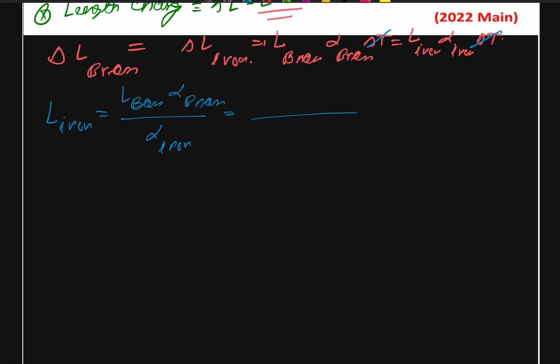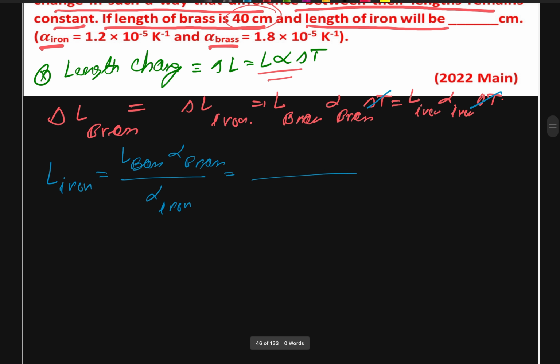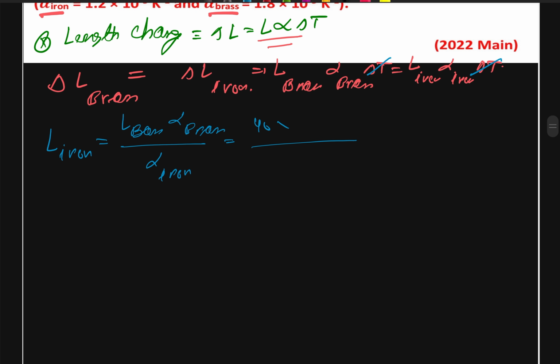Length of brass is given to us as 40 and its coefficient is given as 1.8 into 10 to the power minus 5, and for iron it is given as 1.2 into 10 to the power minus 5. So the 10 to the power minus 5 cancels, and this will be 40, times, this goes by 2 and this goes by 3, and 2 goes by 20.